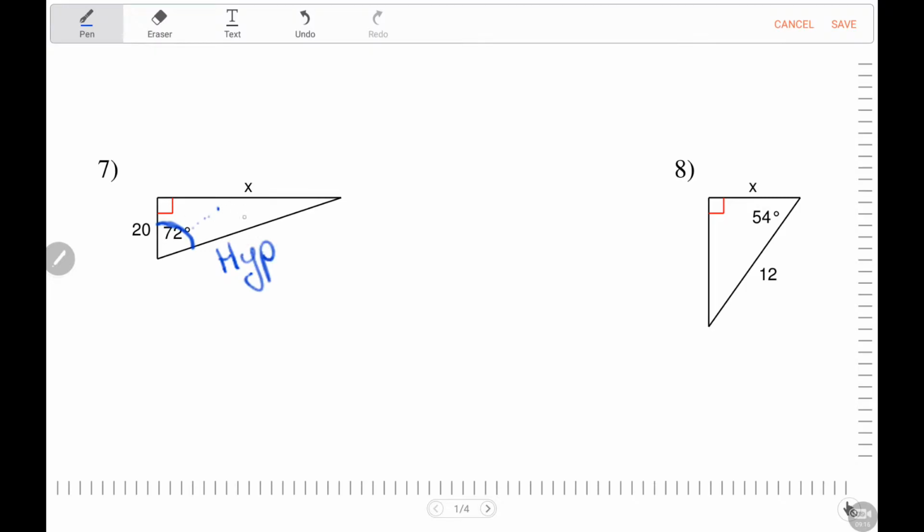The side directly across from the angle is the opposite. And the other side touching the angle is the adjacent. So we have this x side and the adjacent side, opposite and adjacent, that's tangent. And so then it is still the same way to solve, but what's different is the orientation of your triangle. So make sure you know how to label your triangle right and set it up.